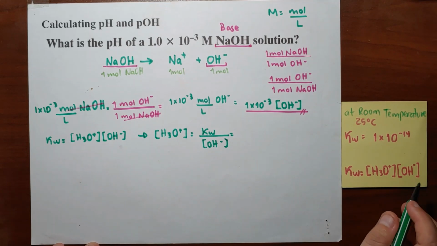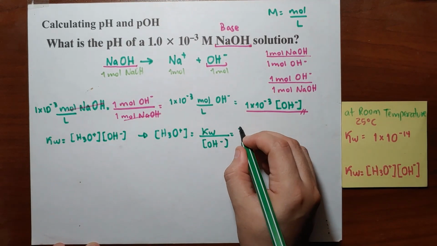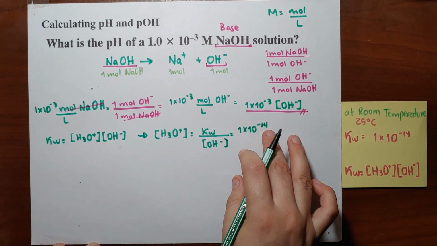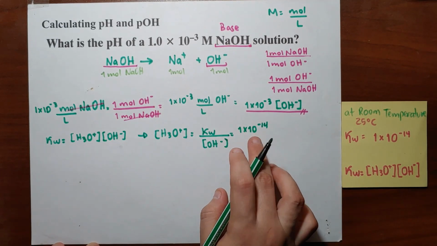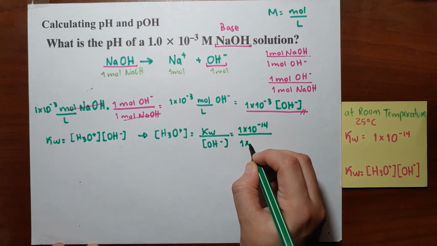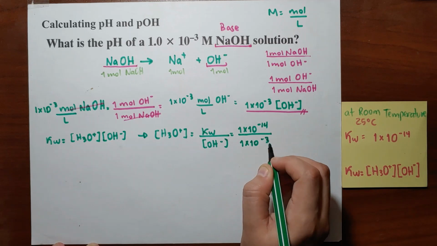We're going to be using Kw as 1 times 10 to the negative 14. Unless it is specified to be a different temperature, this is the one that you're going to be using, divided by 1 times 10 to the negative third power.